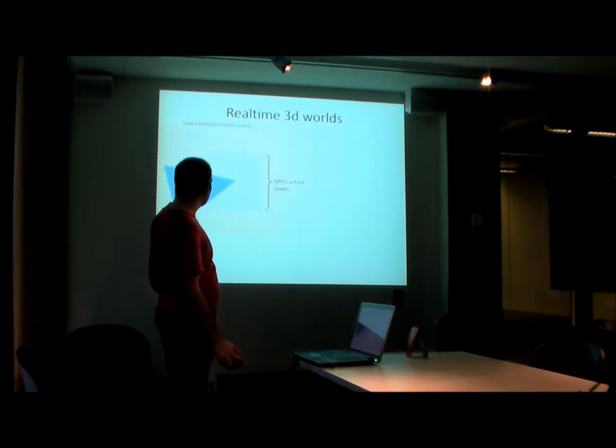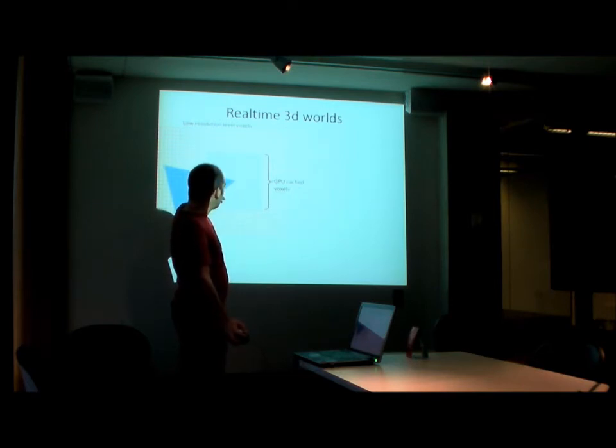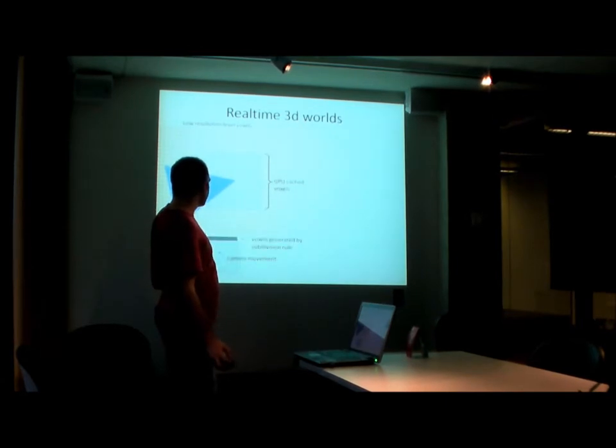And so you also need an efficient scheme for subdividing voxels, because you don't want to be subdividing all of these every frame. So what you do is you only subdivide them when you move the camera.